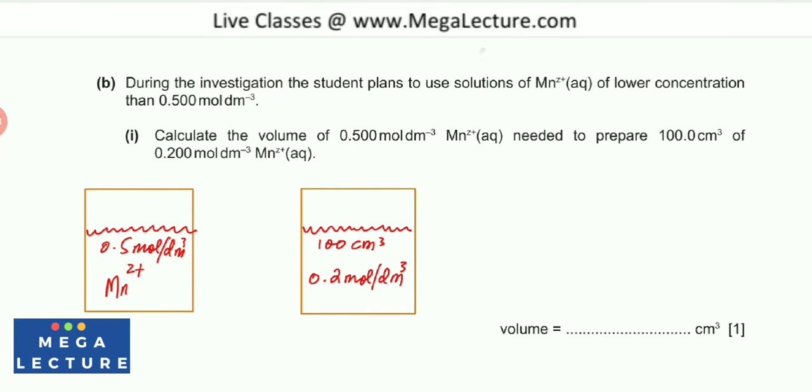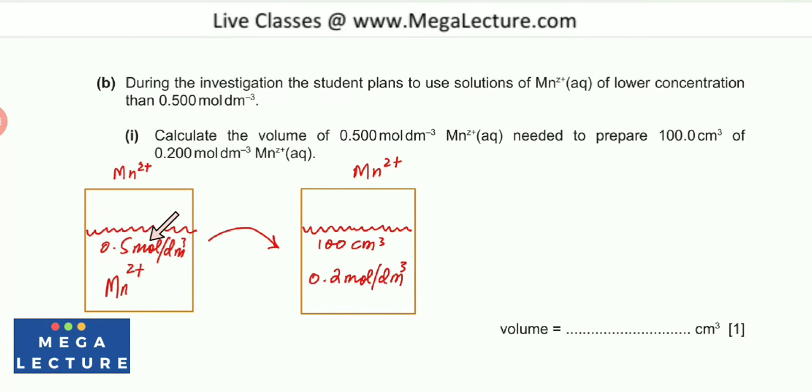So we have this original solution, which is 0.5 mole per dm cube Mn^Z+, and we need to create this solution from it. One solution is being made from the other solution. So this is Mn^Z+, this is also Mn^Z+, and we need to create this particular solution from this solution. So this is dilution that's happening.